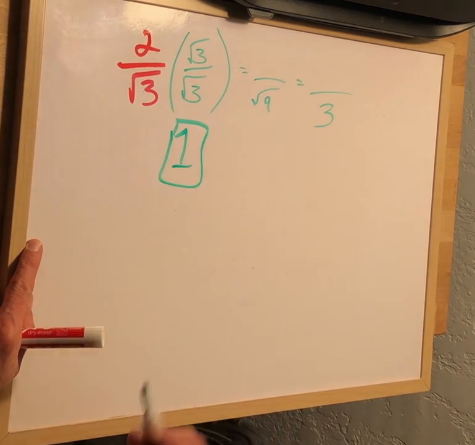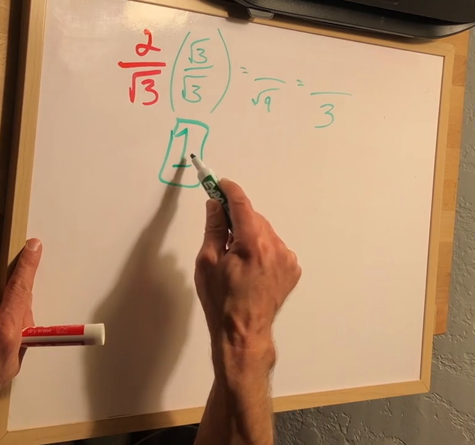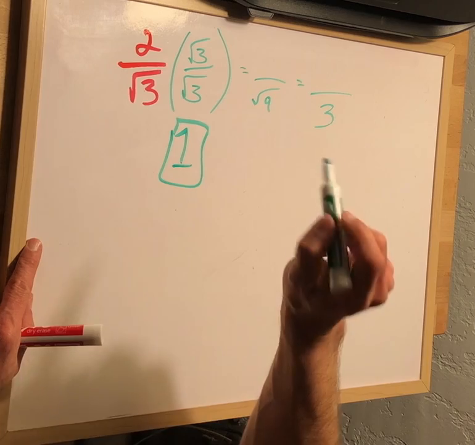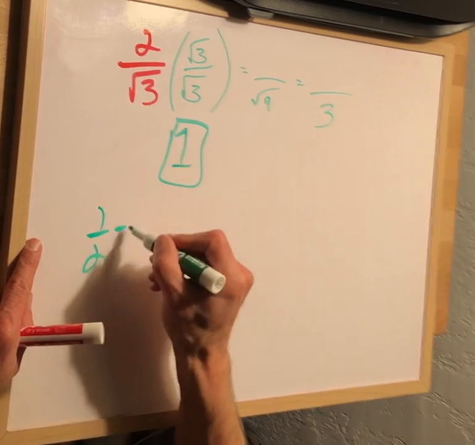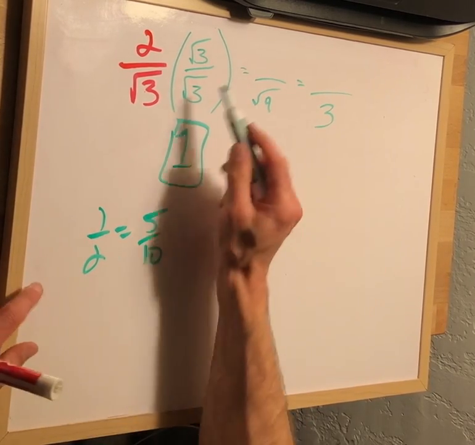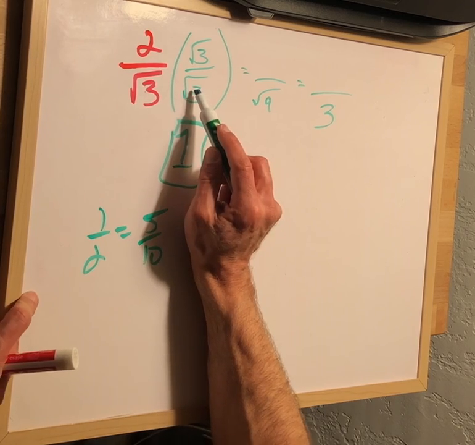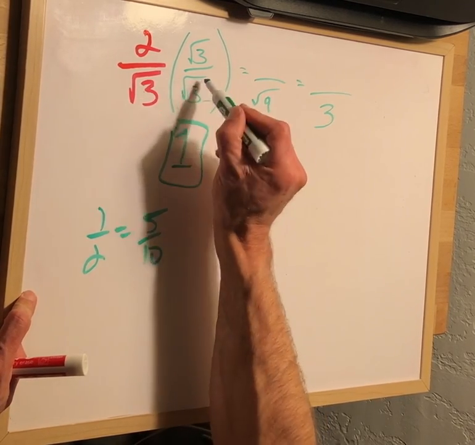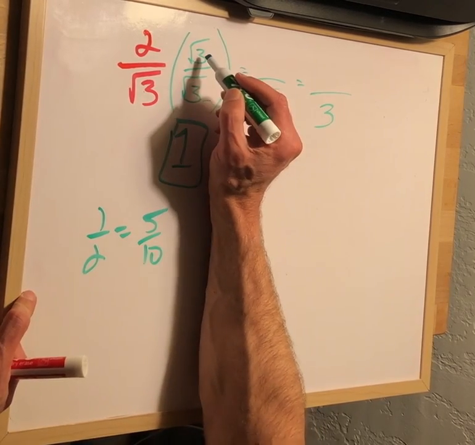And conceptually, anytime you multiply a fraction times 1, you get a different looking fraction, but it's technically the exact same fraction, just a different way of looking at it. For example, 1/2 is the same thing as 5 over 10, which is a different form of 1/2. Coming back to this, we have to simplify the root. So you multiply the bottom by this root to cancel out the root to get 3. But whatever you multiply the bottom by, you have to multiply the top by.